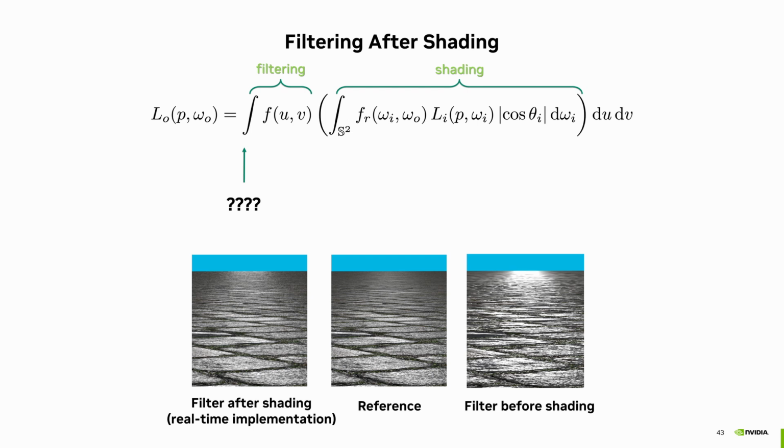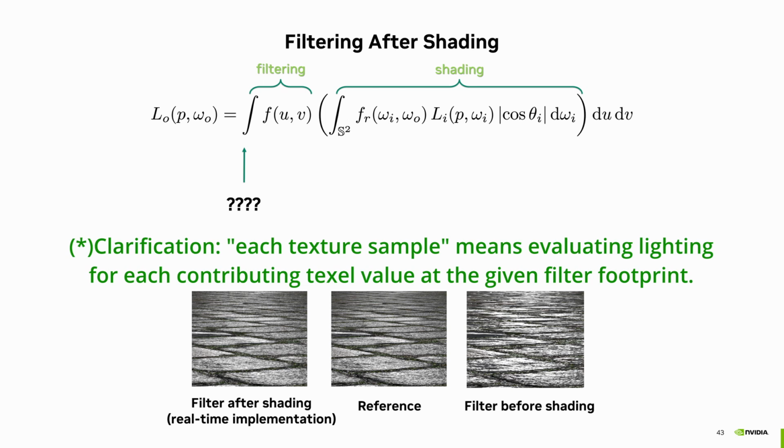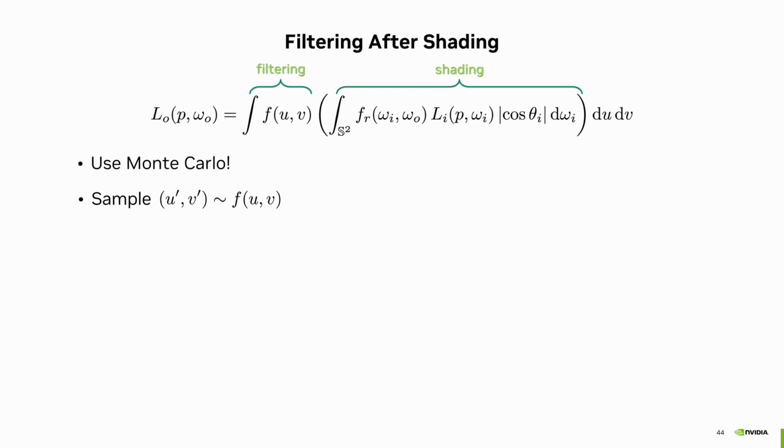But how do we realize this swapped order of integrals in practice? If done naively, we would need to evaluate lighting and shading many times for each texture sample. Furthermore, it's unclear how it would work for a case with multiple UV sets. To solve this integral, we propose the most common approach to integration in computer graphics, Monte Carlo.